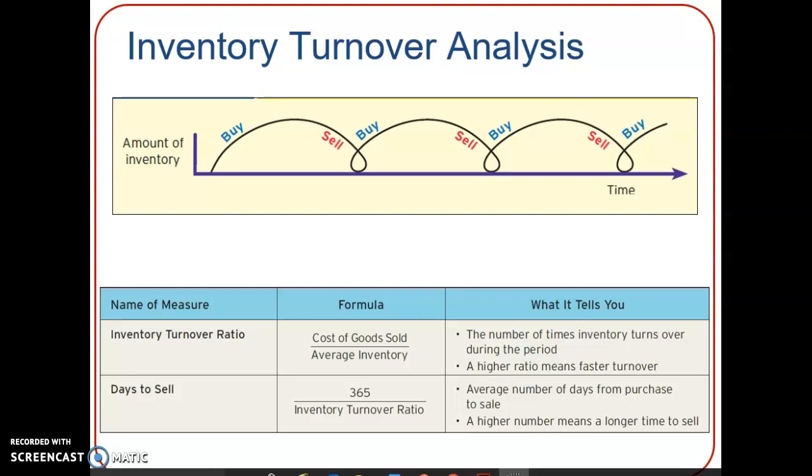A second and related concept is days to sell. Here we use 365, which is the number of days in a year, divided by inventory turnover ratio. This will give you days. It tells you how many days on average the company takes to sell all its inventory.